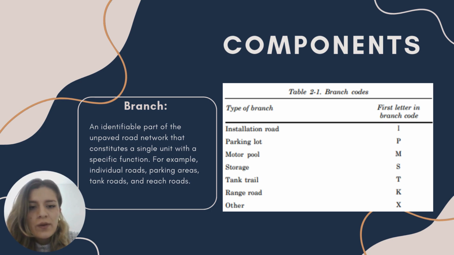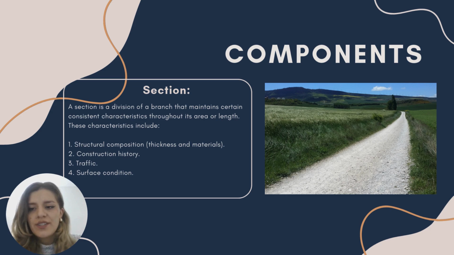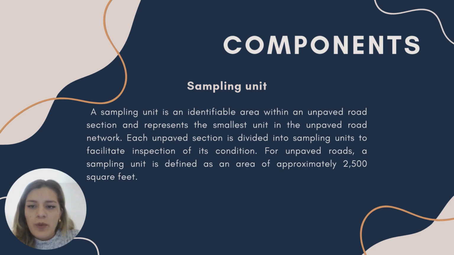Branch: an identifiable part of the unpaved route network that constitutes a single unit with a specific function. For example, individual roads, parking areas, tank roads, and ridge roads. Section: a division of a branch that maintains certain consistent characteristics throughout its area or length. These characteristics include structural composition, construction history, traffic, and surface condition. Sampling unit: an identifiable area within an unpaved section and the smallest unit in the unpaved route network.